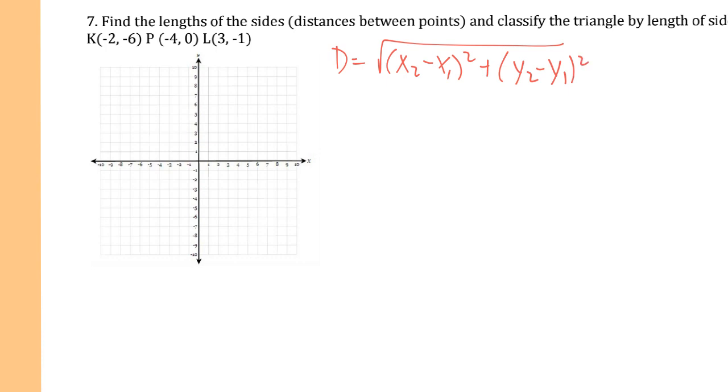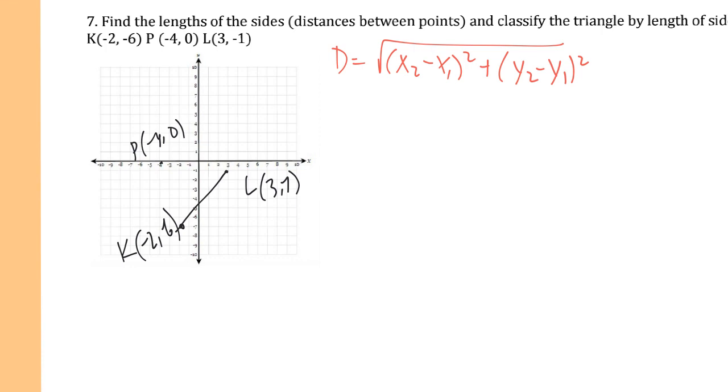So if you want to find the distance between any of these 3 points, you're going to use the distance formula. So we will take K, which is (-2, -6). And then (-4, 0), that's P. And then (3, -1), which is going to be L.